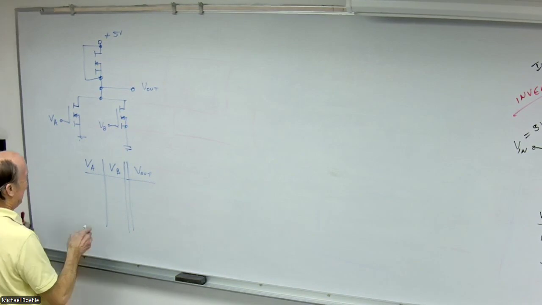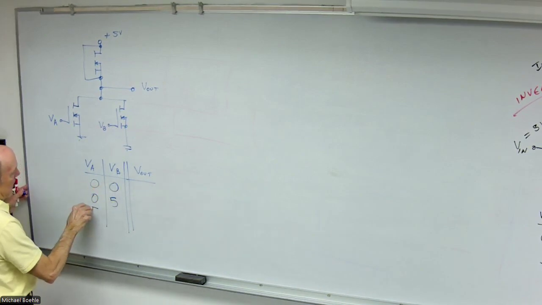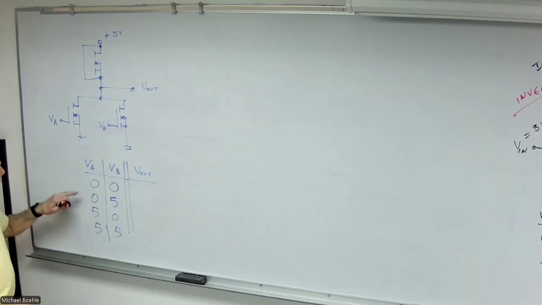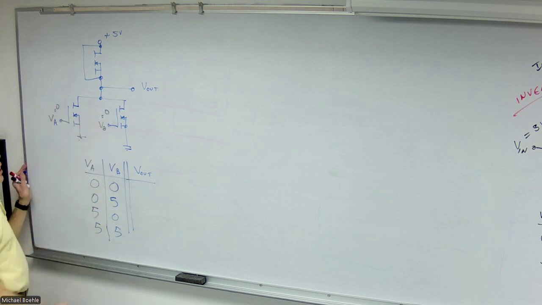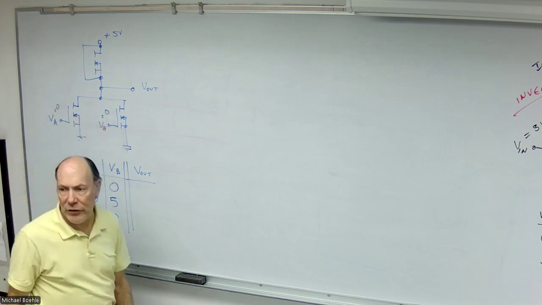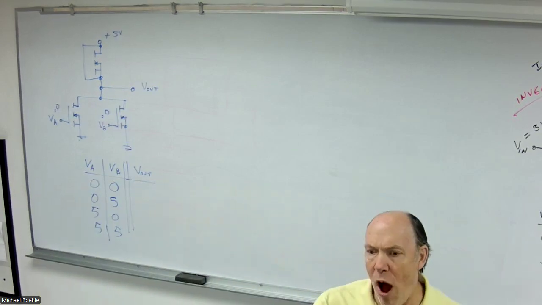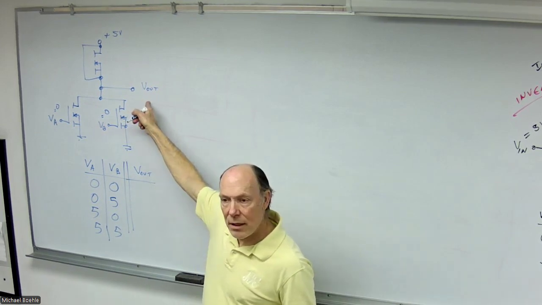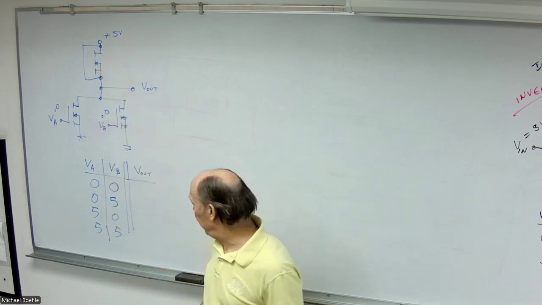So I'm going to go ahead and go through those different combinations. If both VA and VB are 0, what is the condition of both of those transistors? Both off. What's my output voltage going to be? 5 volts. Exactly.